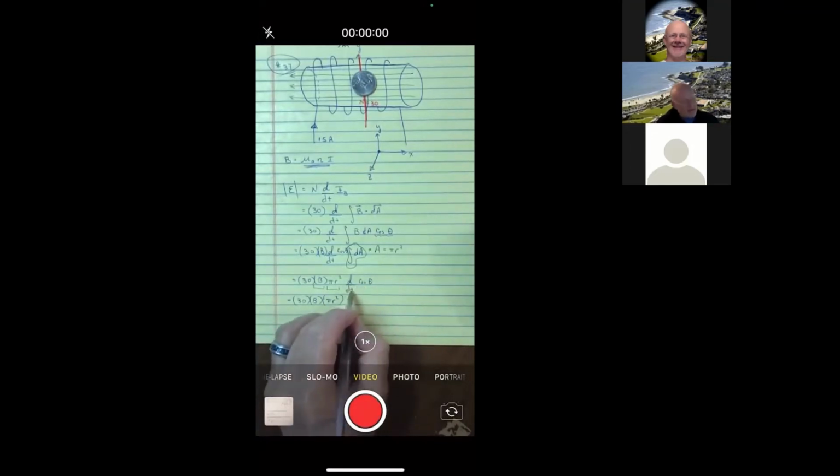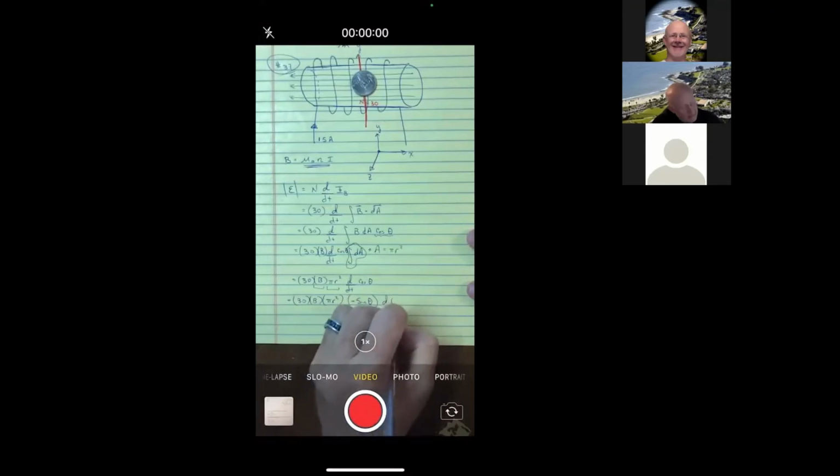And now if I take the derivative with respect to time of a cosine, let's see. For a cosine, take its derivative, you get what? A negative sine theta, and then the chain rule. How does the angle change with time?